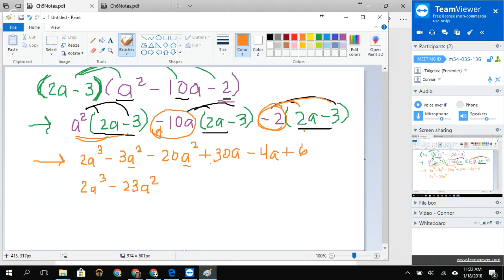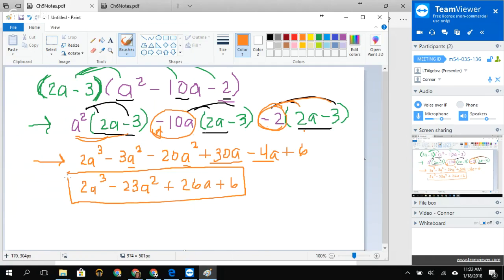We have a positive 30a and a -4a. So that would give me 26a plus 6. And these always crack me up because what you end up with as an answer is never as simple as what you start with. But they're two different ways of writing the same exact thing.